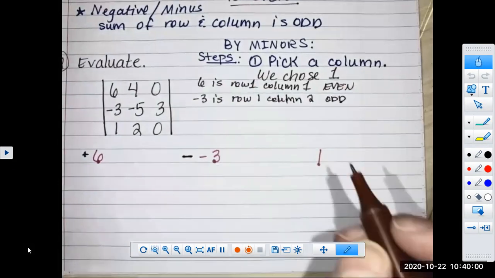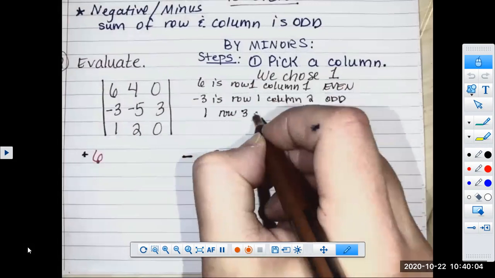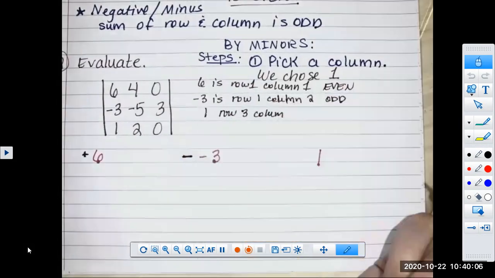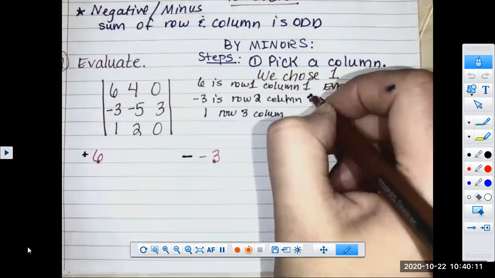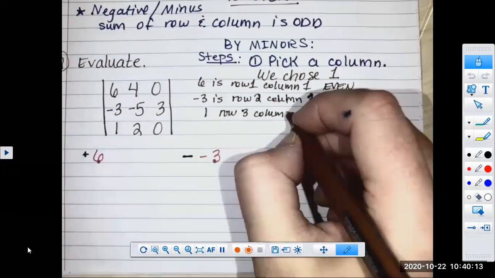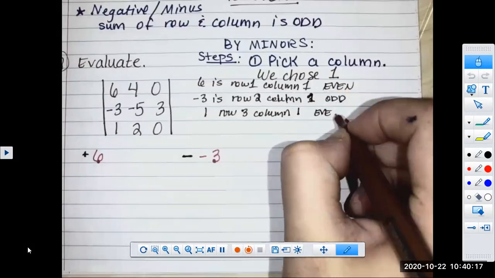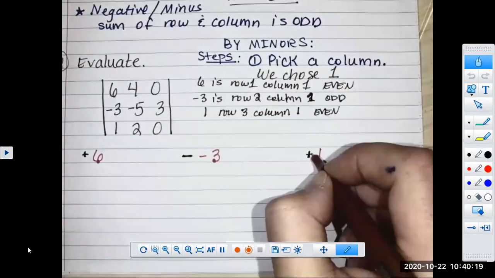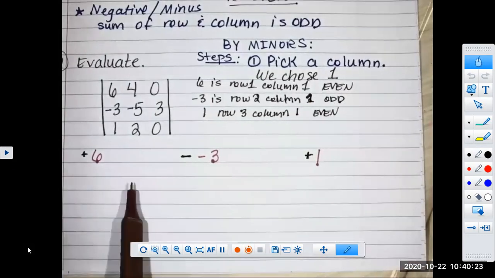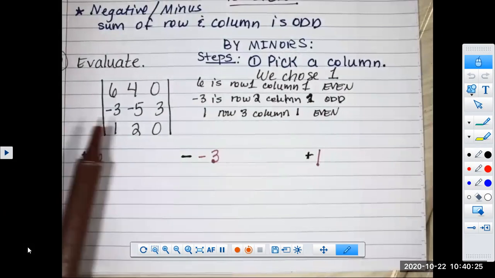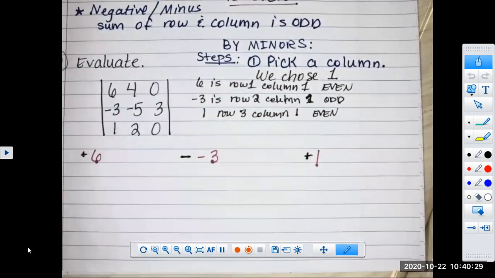And then 1 is in row 3, column 1, that's even. 3 plus 1, 4, even. So this is plus. So that's what I always do. I pick a column, and before I do any deleting rows, deleting columns, I determine what sign those numbers get.